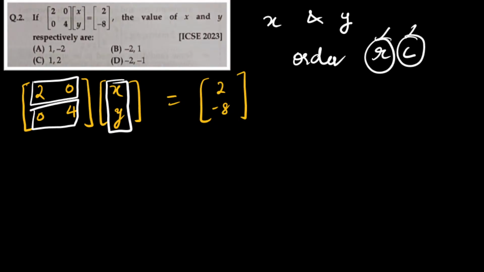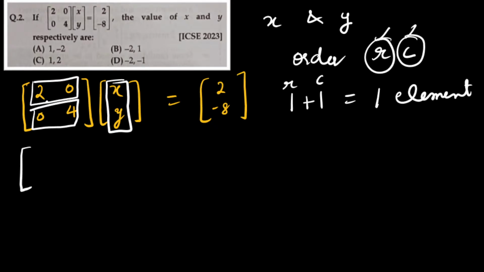In matrix multiplication, one row and one column will give you one element. Just remember this always. Now how to do it? I'll write: 2 into x is 2x, plus 0 into y. This is done.